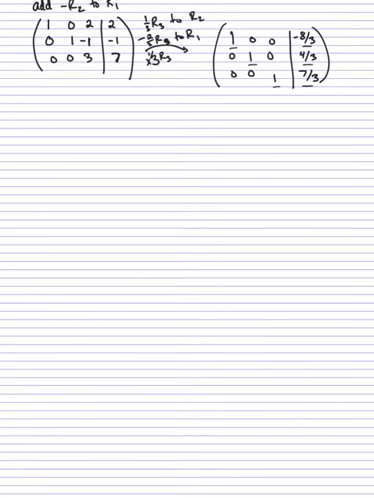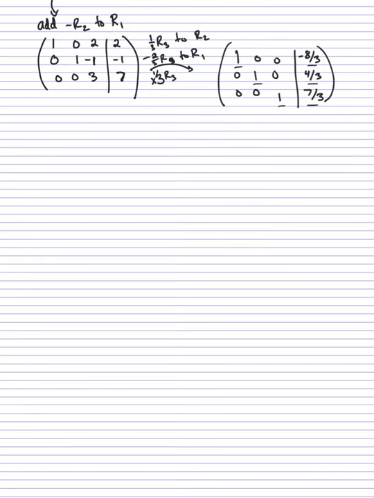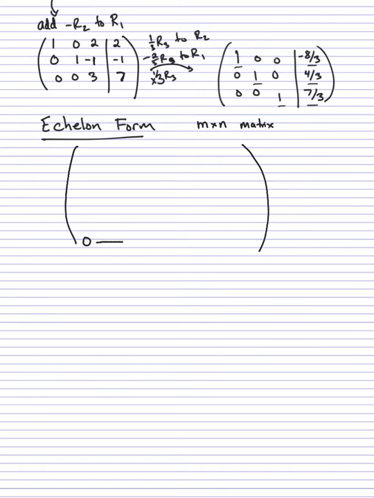Okay, so this brings us to what these forms are called. So this is called echelon form. I'm just going to draw the general picture of what a matrix looks like. It doesn't have to be square, so this is some m by n matrix. Okay, so the first thing you'll see, if it's in this form, and you can go to the book and it'll have the precise formulations.